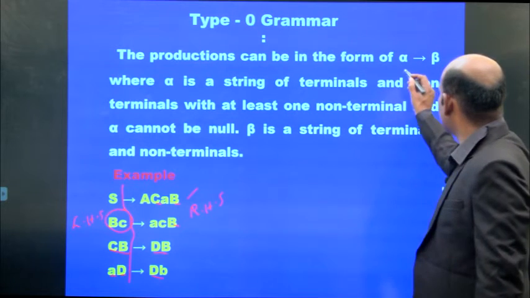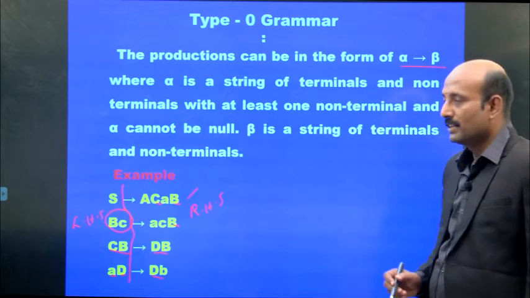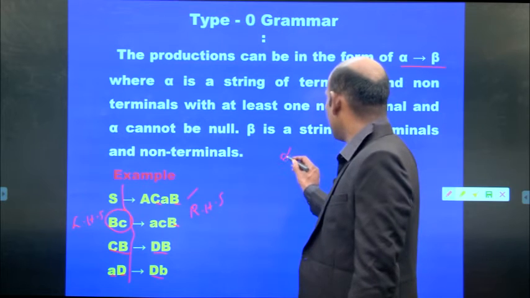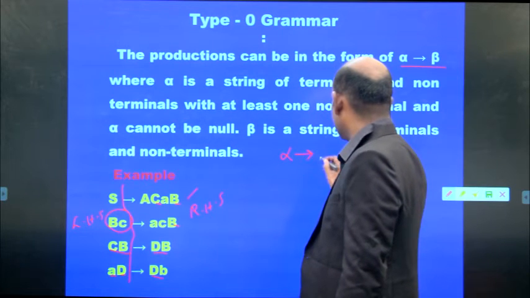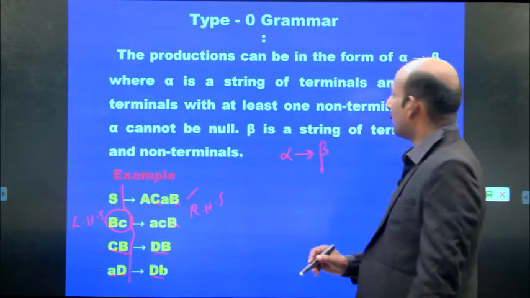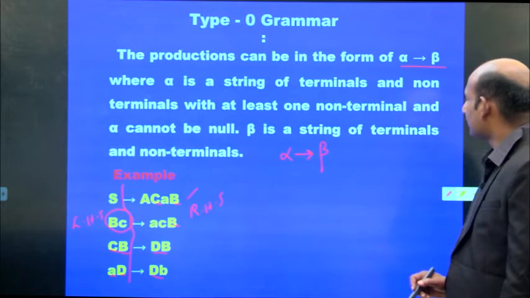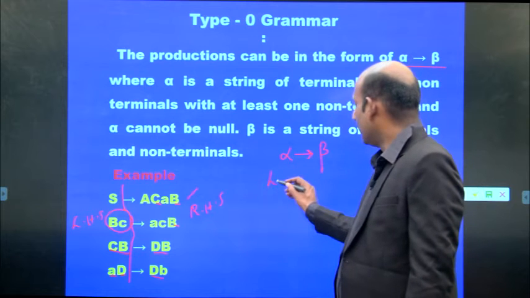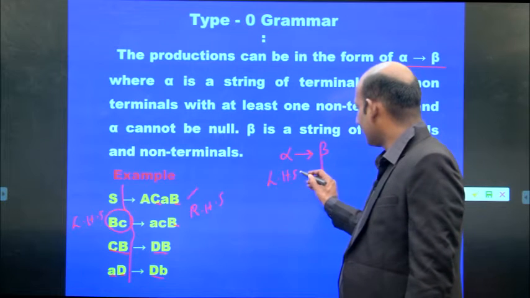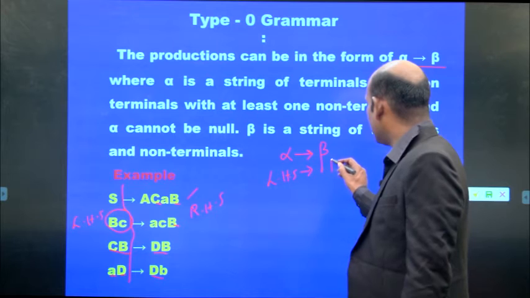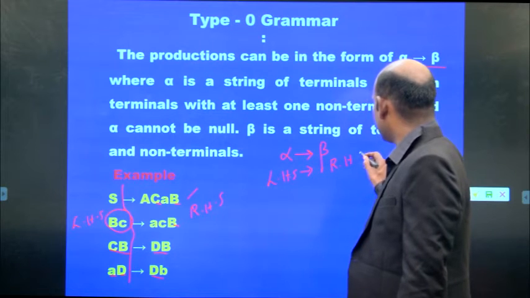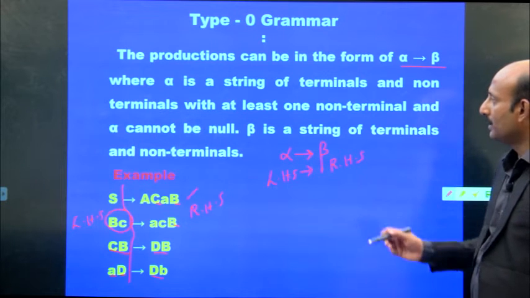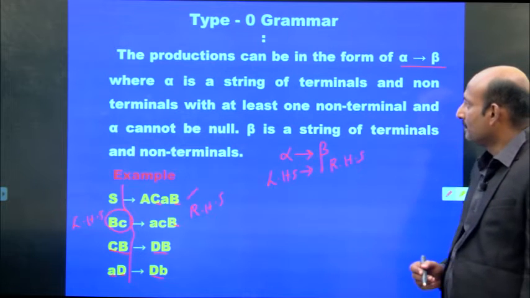So, we have these productions in the form of alpha gives beta. That is very important here. Alpha belongs to the left hand side and beta belongs to the right hand side.